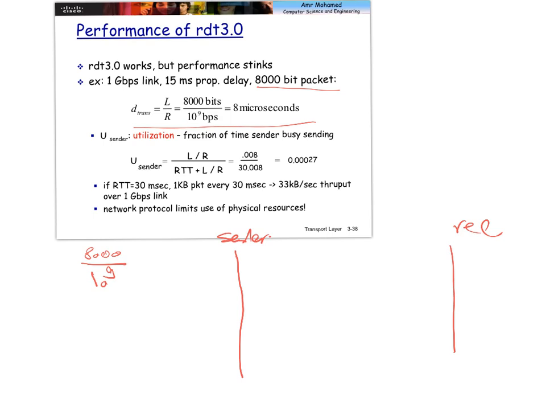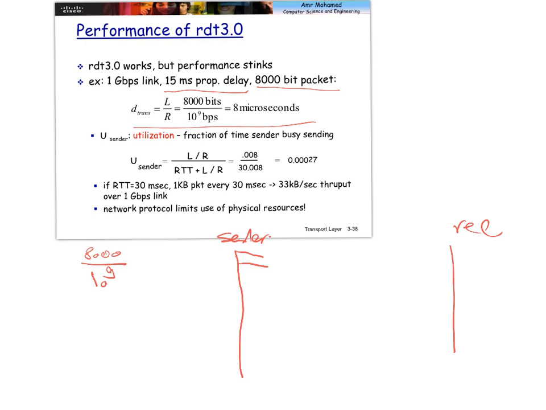So the idea here is that the transmission time is very small. Remember, the transmission time is the time where you consume the channel itself. The problem here is that the propagation delay is 15 milliseconds, which is a lot more than the transmission delay.